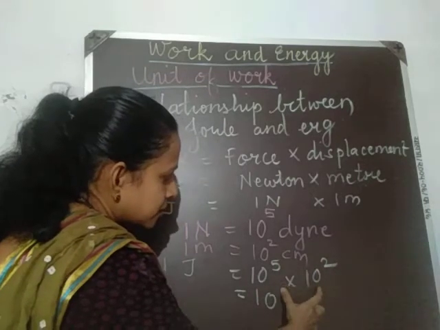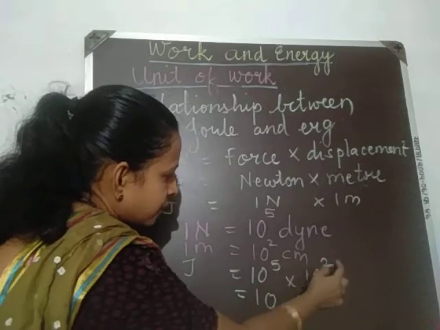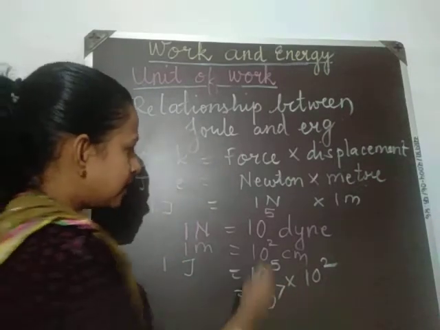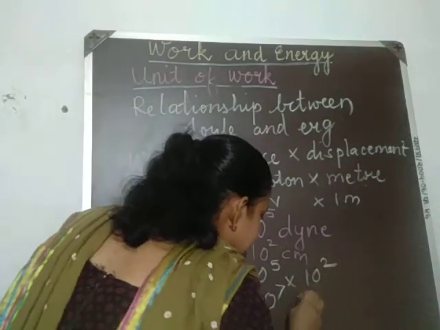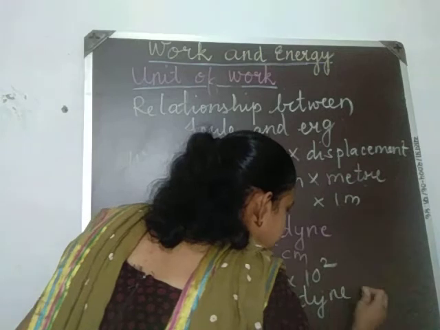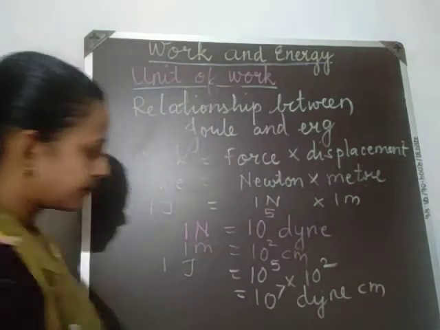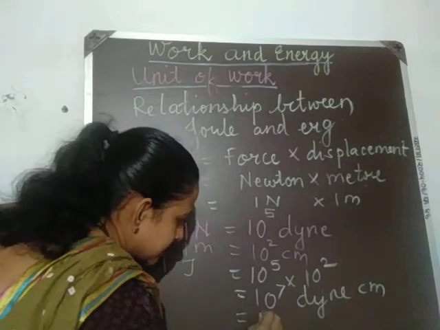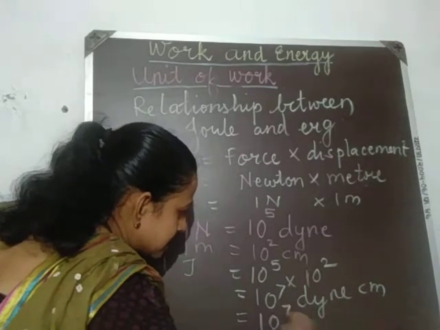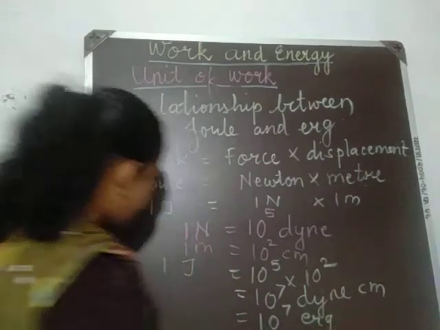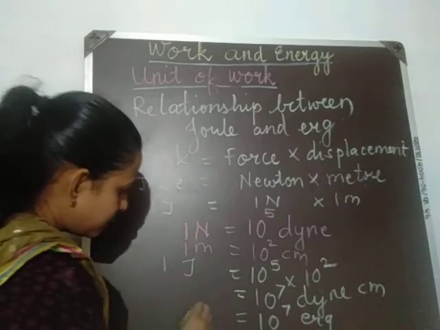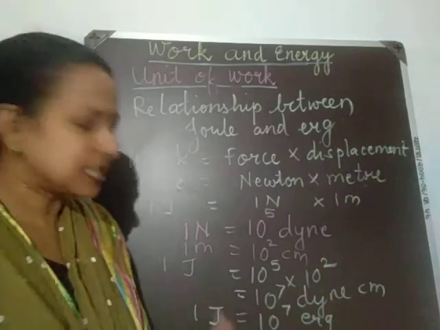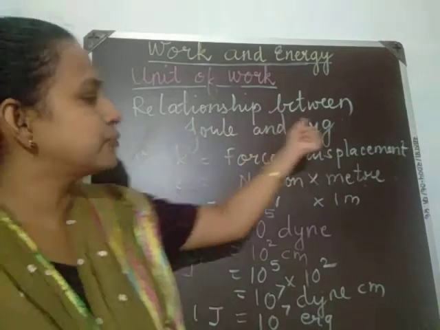According to the laws of indices, 10 raised to 5 into 10 raised to 2 becomes 10 raised to 7, which is nothing but dyne centimeter. And you know that dyne centimeter is nothing but ergs. So it becomes 10 raised to 7 ergs. Therefore 1 joule is equal to 10 raised to 7 erg. So this is the relationship between joule and erg.